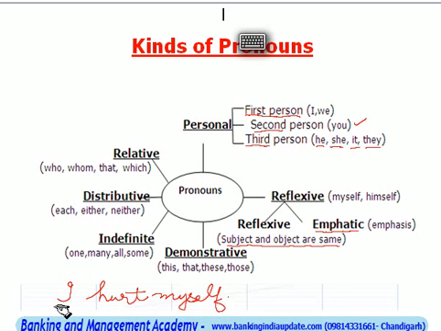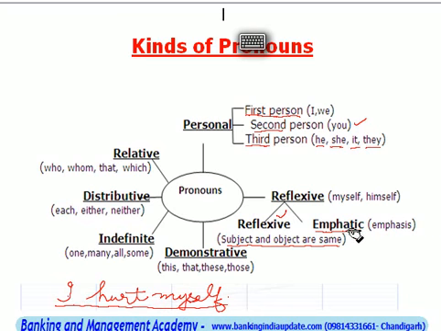In this sentence, I hurt myself. The person who has been hurt is me. The word myself here denotes a reflexive pronoun. The subject and the object are the same.